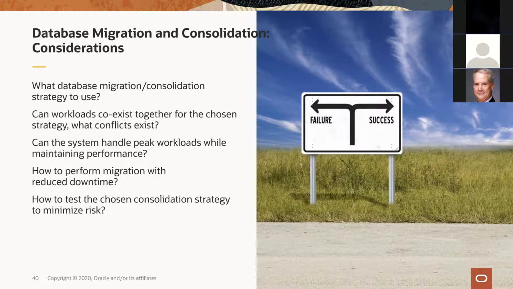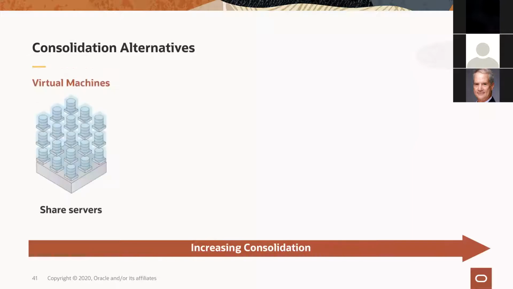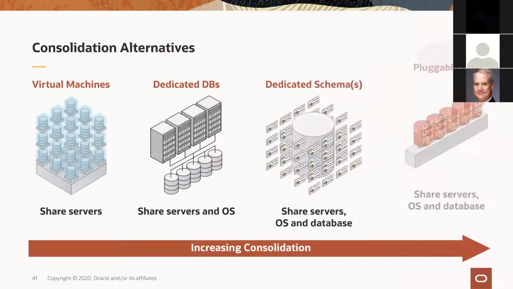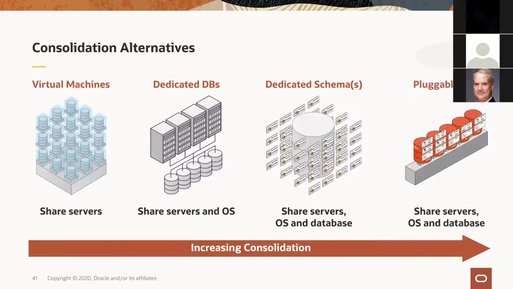And of course, it's very important for us to know how fast we can do the migration, and we want to reduce the downtime, so that should be at least the minimum downtime during this. For that, we have different strategies. When we're talking about consolidating, we have several ways to do it.